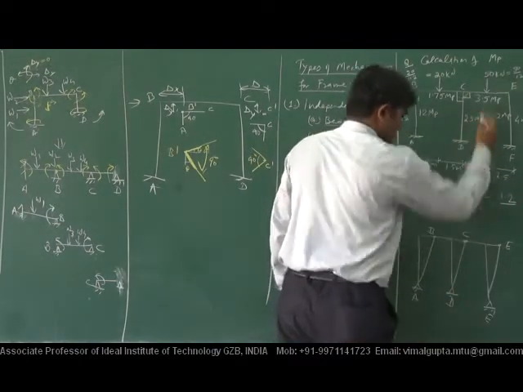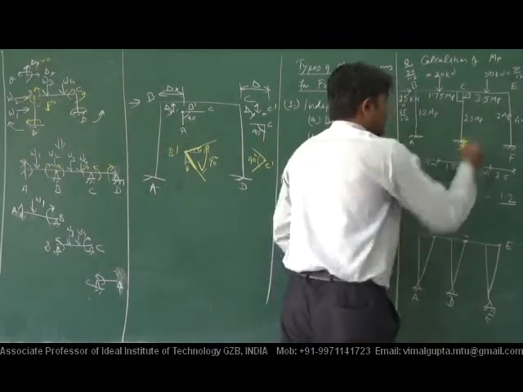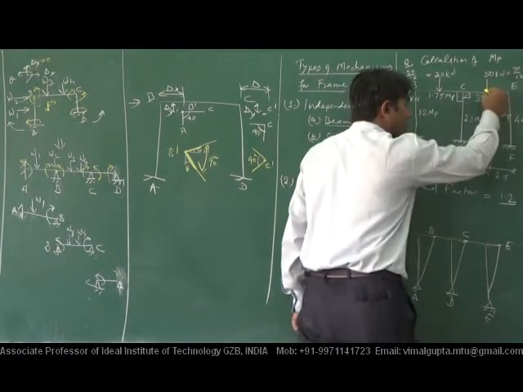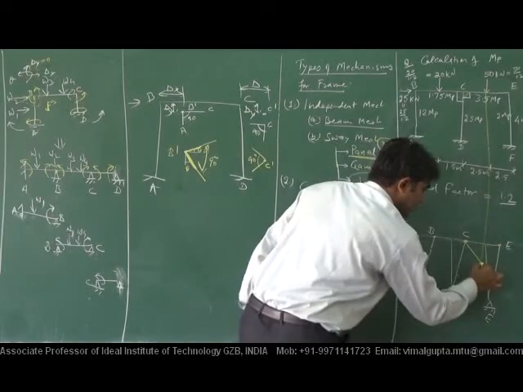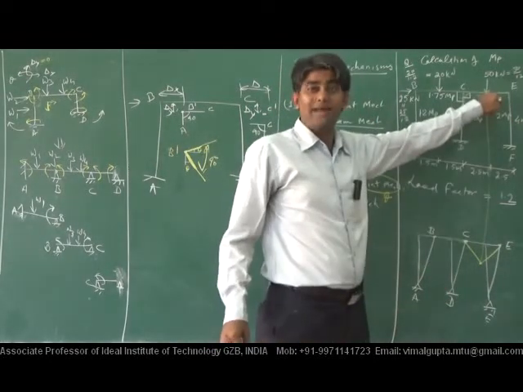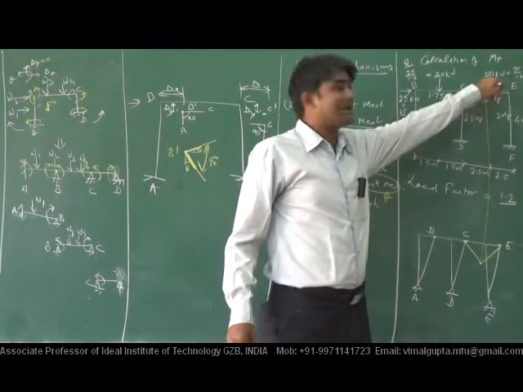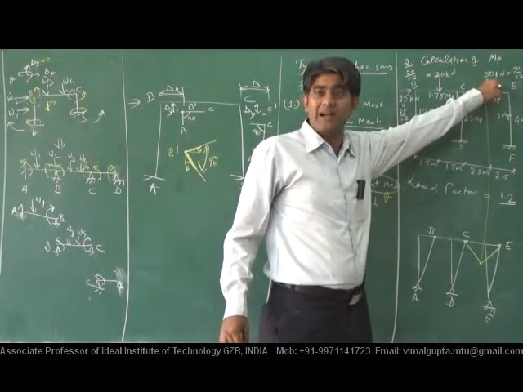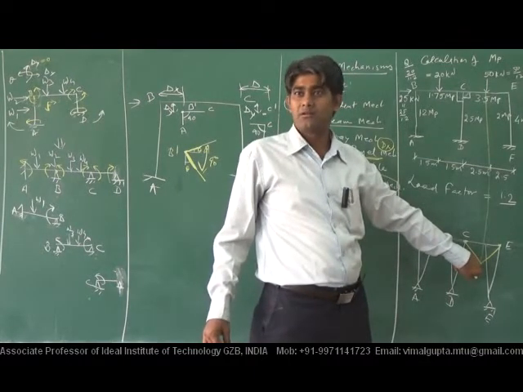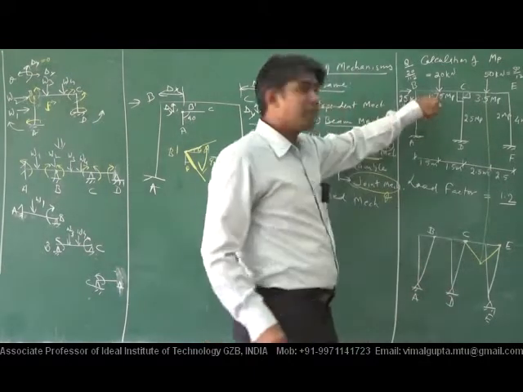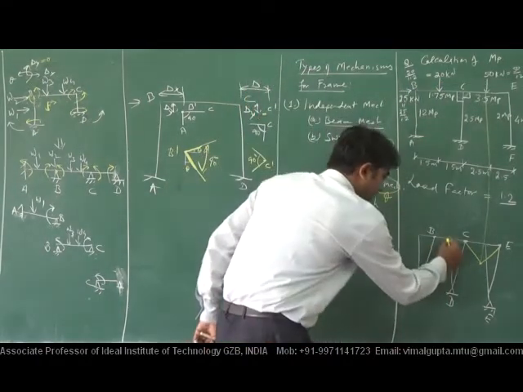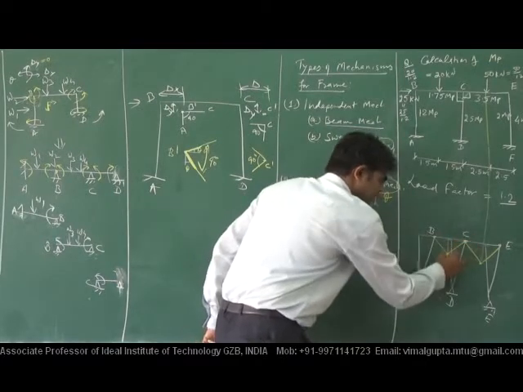So when the plastic hinge under that 50 kilonewton load is considered, the deflected shape will be like this. And if the plastic hinge under that load is considered, then its deflected shape will be this one.